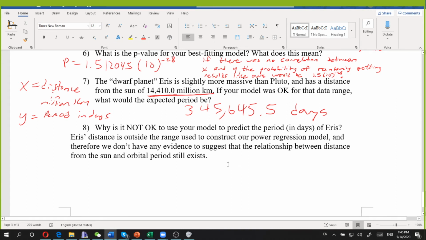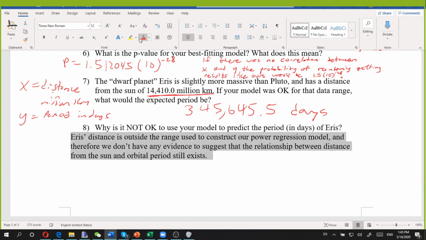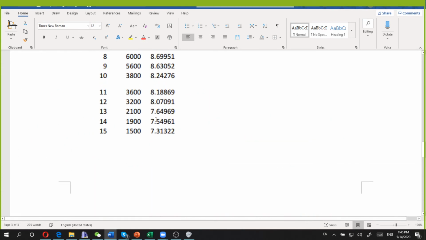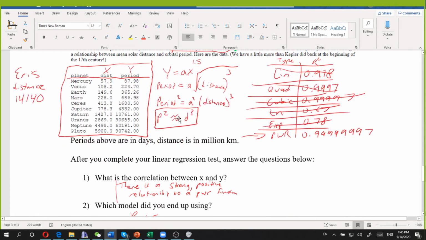Now, some of you in physics might be questioning this right now, since what we just proved mathematically was Kepler's law from observational data, and you guys know in your physics class that this law still holds true no matter how far away we go from the sun. However, what we're looking at right now is pure observational data, and we're trying to predict that observational data based on our results.